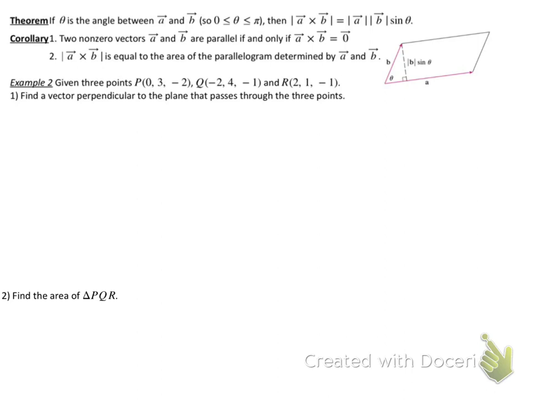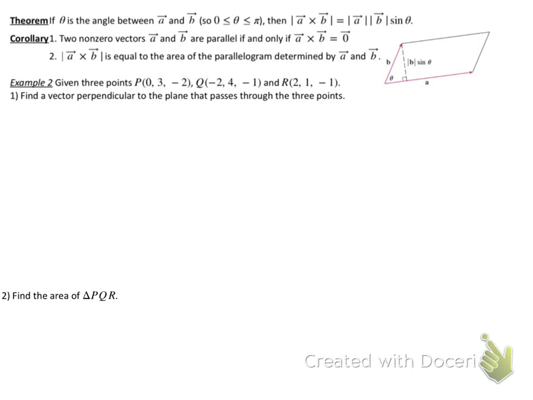That's a corollary. So first, if the cross product equals 0, then sine theta equals 0. Sine theta equals 0, then theta equals 0 or 180 degrees.